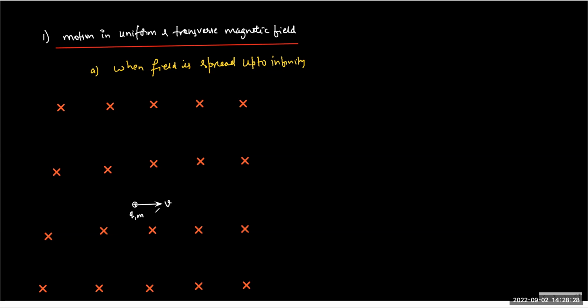Now, if you apply the magnetic force formula, which says that F equals Q into V cross B, we can clearly see that the B is into the plane, and the velocity is in this plane. So force will be upwards, which is again in the plane of the V, right?